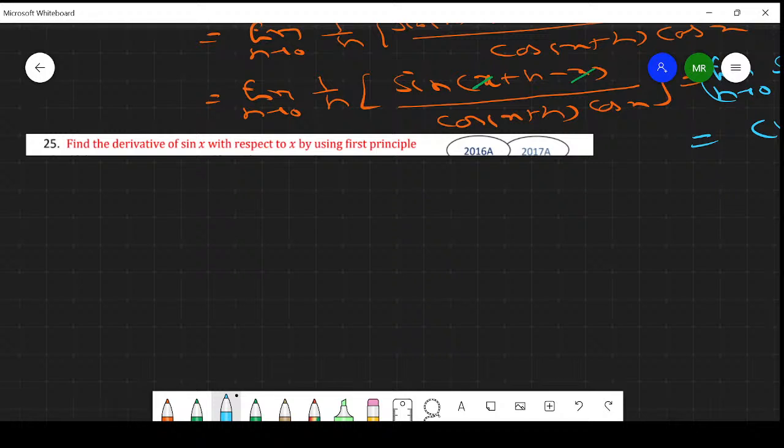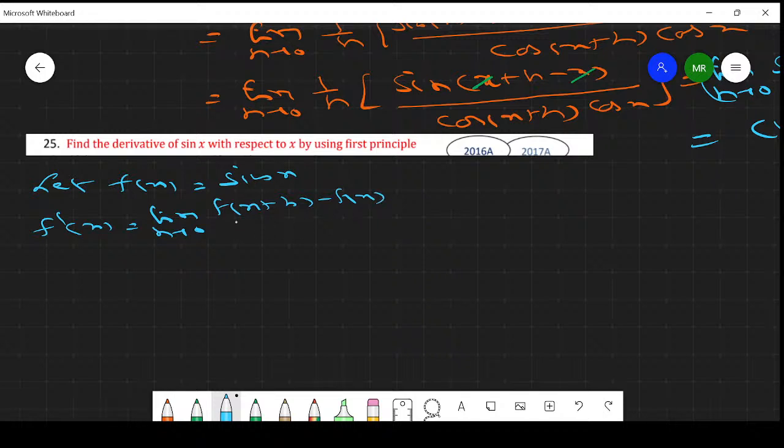Derivative of sin x means you can consider here, let f of x is equal to sin x. If we take f of x equal to sin x, then f dash of x is equal to limit h tends to 0 of f of x plus h minus f of x by h.